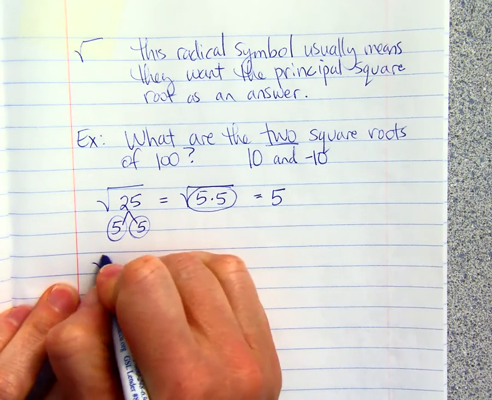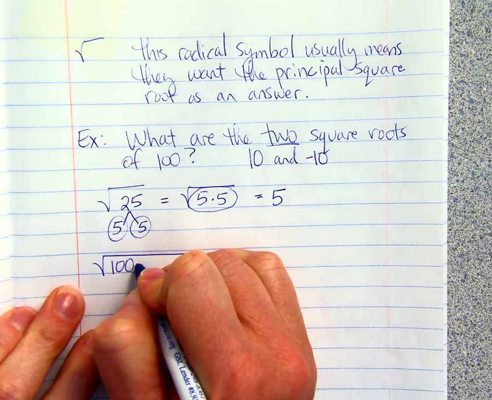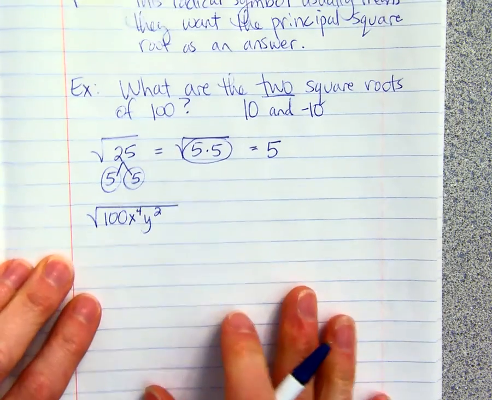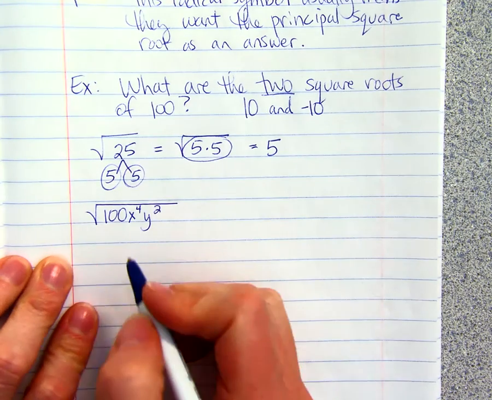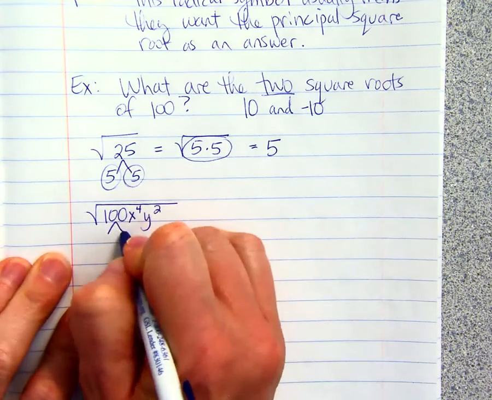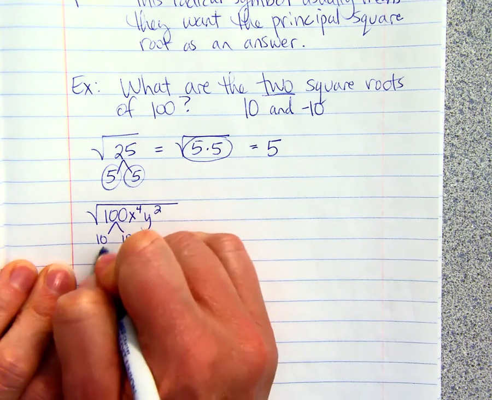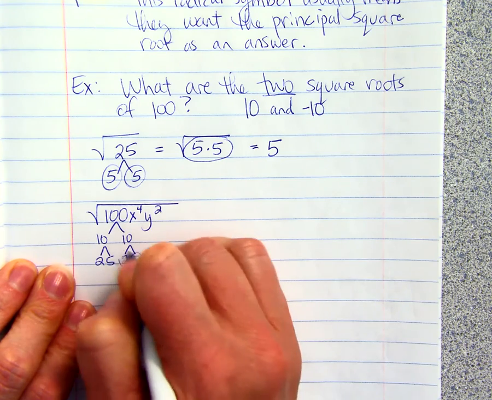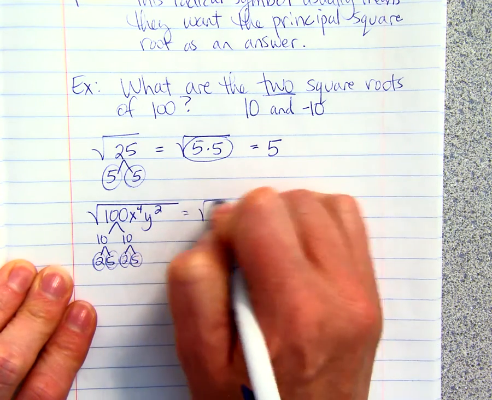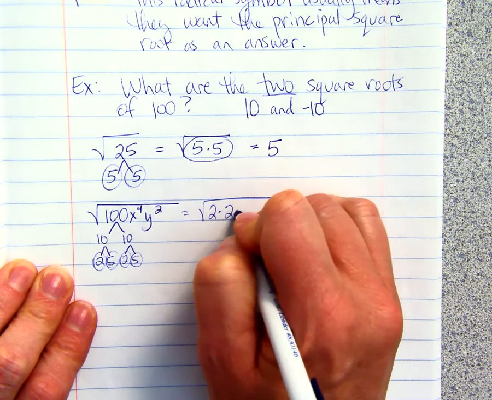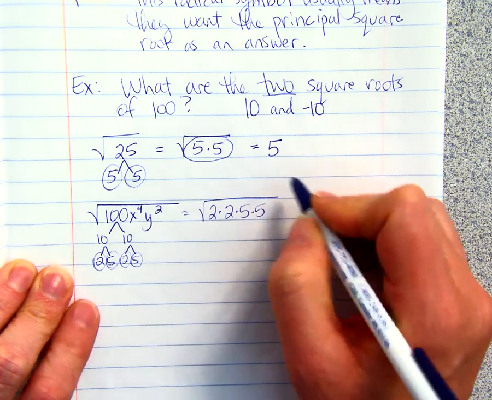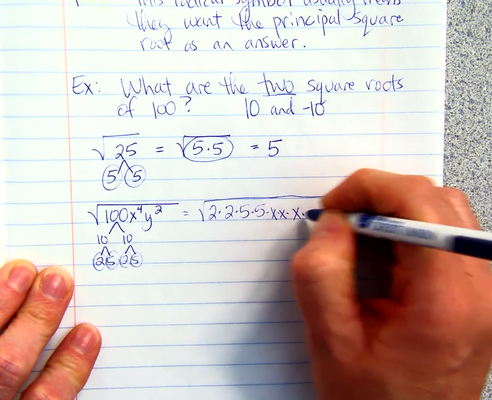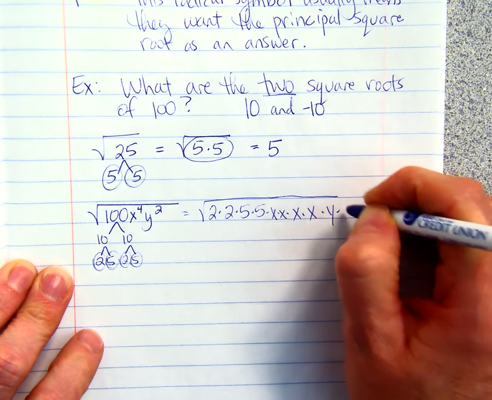So if we had something like this, the square root of 100 x to the 4th y squared, and we talked about this I don't remember when, if it was yesterday or not. 100 is 10 times 10, and 10 is 2 times 5. So if I put all of my prime numbers under here, the 2's together, the 5's together, x to the 4th is 4 x's, y squared is 2 y's.